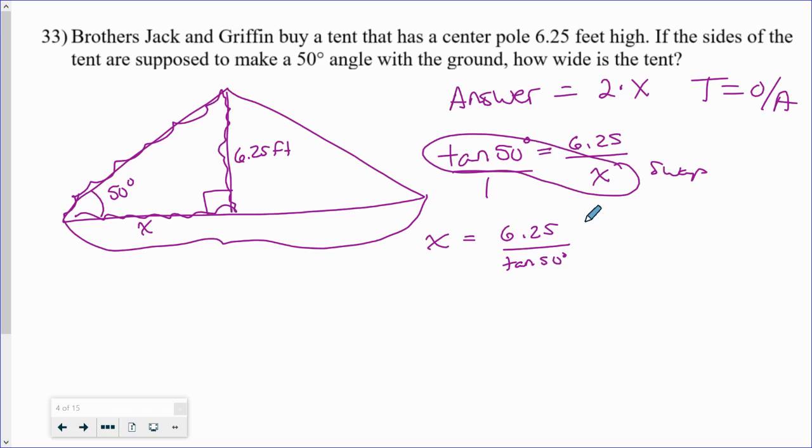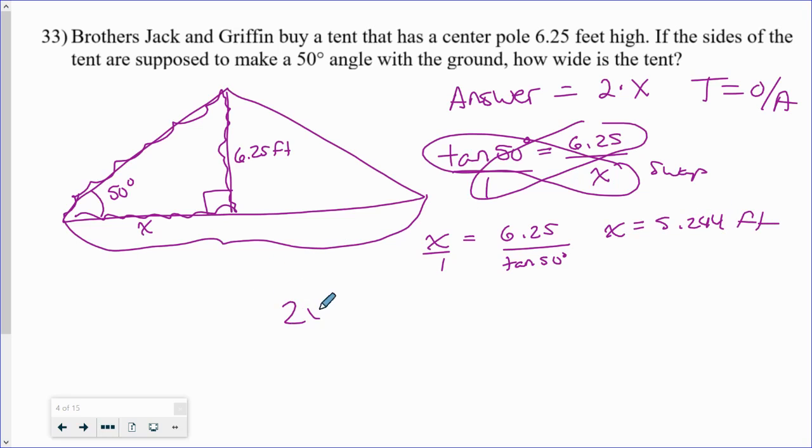You can rearrange things as long as your multiplications on the diagonal or your cross products stay the same. And I have 6.25 times 1. I still have that here. And I have the x times the tan 50. I still have that as a cross product here. So now I just put that in my calculator, and I get that x is 5.244 feet.